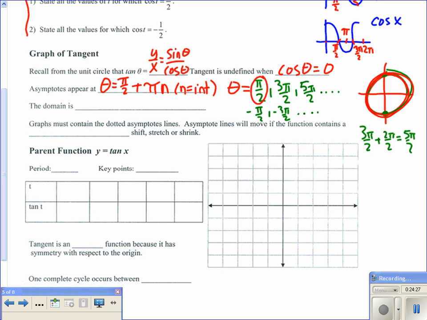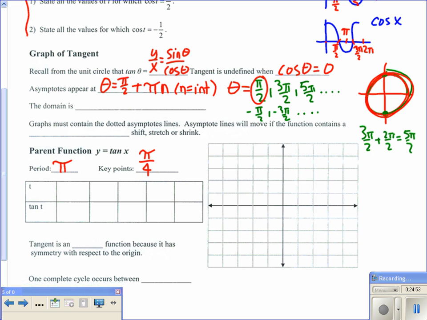So those are all the places where our asymptotes are going to appear. Let's go ahead and start graphing this out. I'm going to start graphing this one a little bit differently. My key points for sine and cosine go by pi over 2. It's different for tangent. The period of a tangent graph is pi, so the key points would be pi, your period, divided by 4.